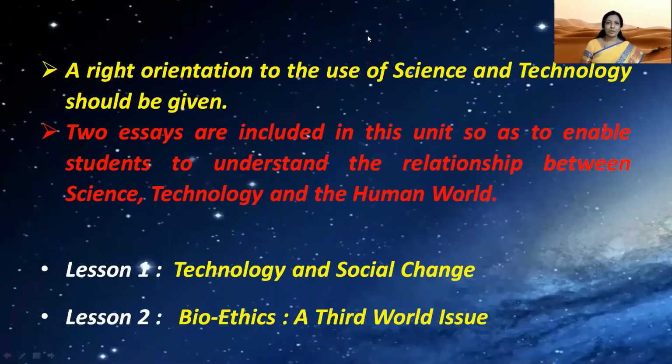In the modern context, especially after the exposure to the COVID-19 pandemic, it becomes all the more necessary that we have a right orientation and develop a right attitude towards the uses of science and technology.